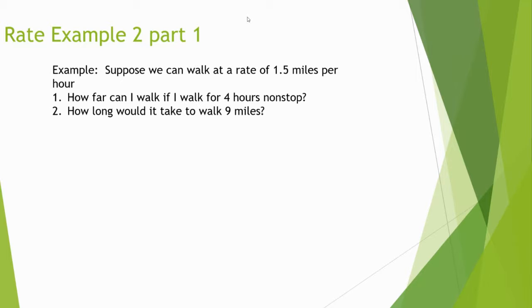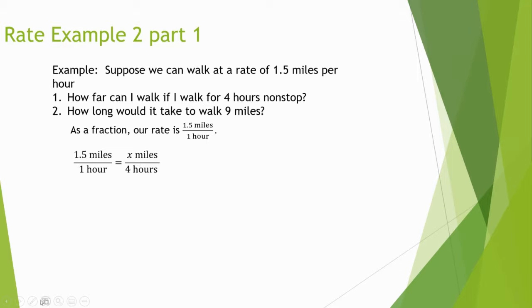Okay, well, again, we have a rate here, don't we? It's just like last time, we have our rate, which is 1.5 miles per hour, which I'm writing as a fraction. Now from here, again, we're walking for 4 hours. We want to know how many miles we're going to hit.